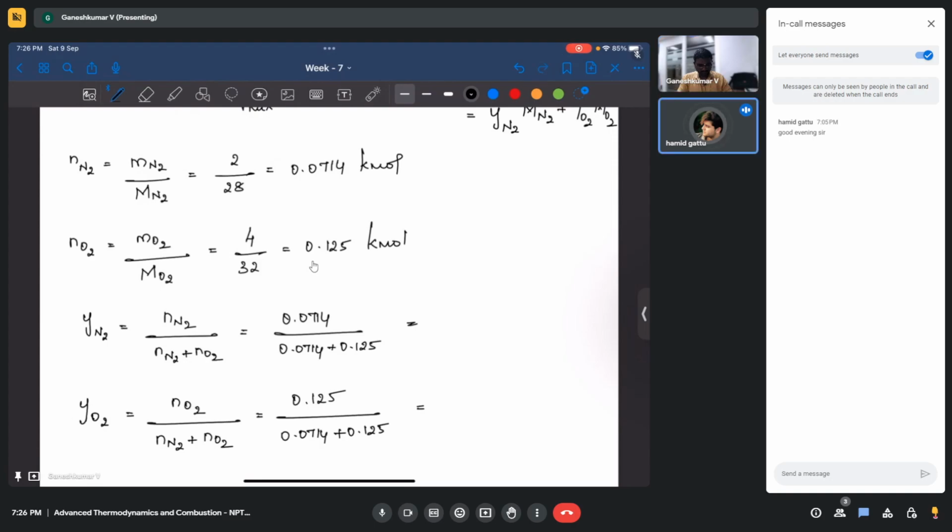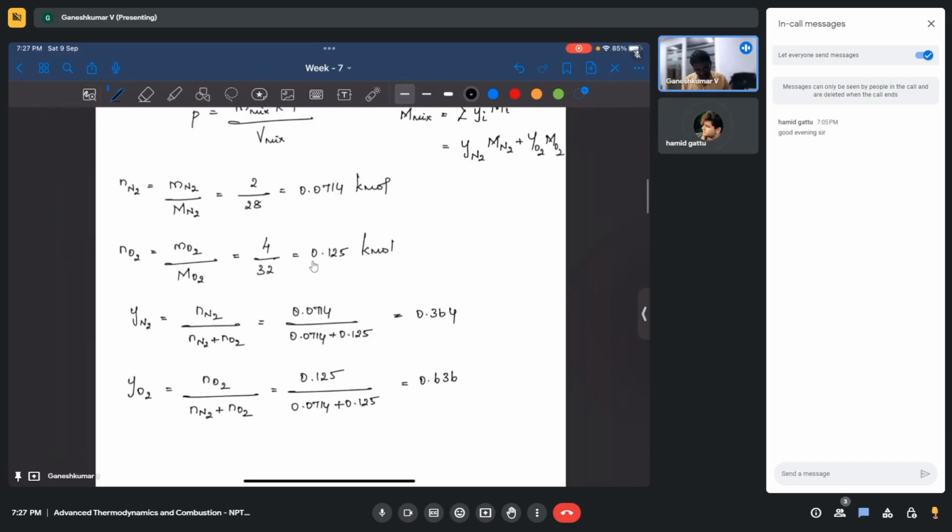So it's 0.364 for N2, and this is probably going to be 1 minus 0.364 for O2. Even if you calculate, it's going to remain the same.